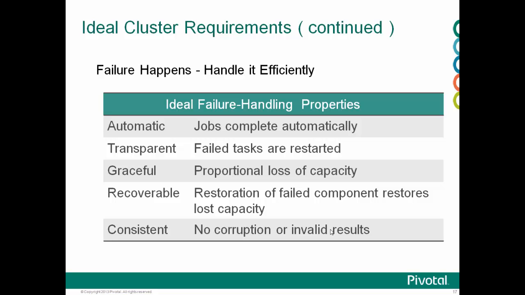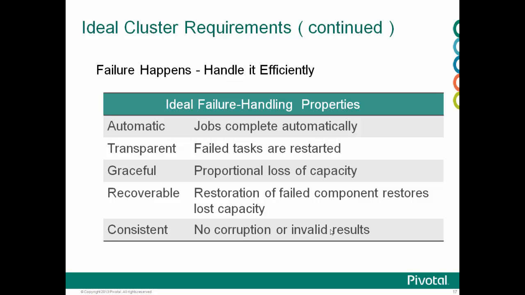In other words, any job is going to complete automatically regardless of what is going on in the system around it. And when a failed task occurs, that task should be restarted transparently. In other words, nobody should have any manual intervention in the system to get any given task to start again.